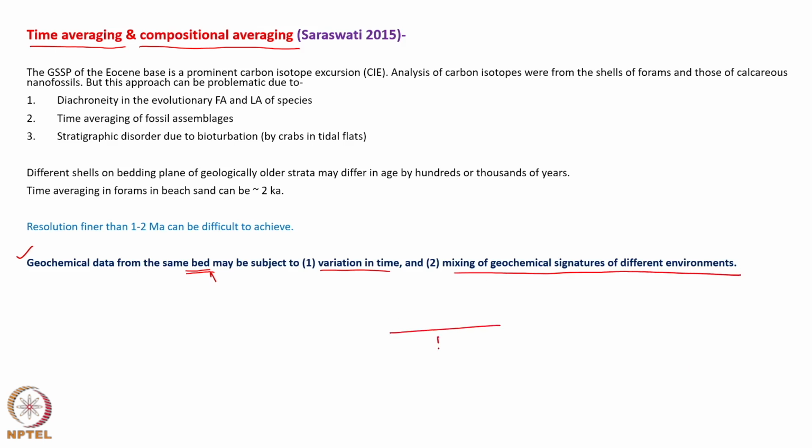Consider this is a place of deposition, and contemporaneously from two sources grains G1 and G2 have come. On this surface we are having different grains and they can be of different ages. So, in this way variation in time can be explained. If the G1 and G2 are analyzed for geochemical data, then we can get mixing of geochemical signatures of different environments.